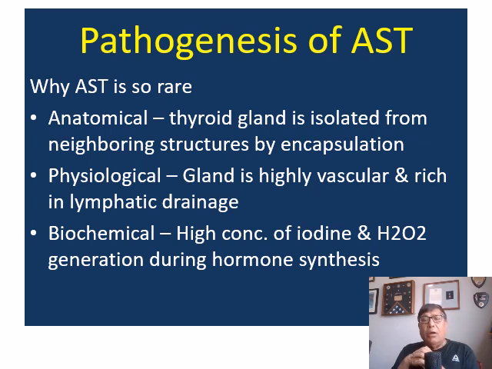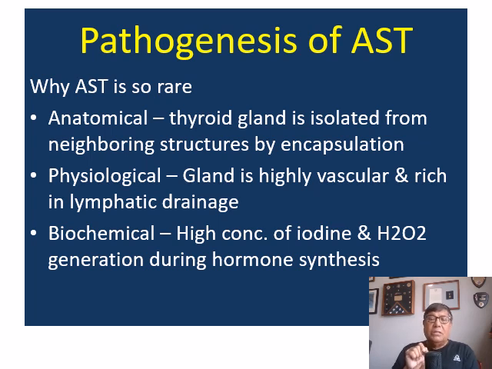Now, biochemically, let's look at that. What does the thyroid gland contain? Iodine. Iodine is very hostile to the growth of any bacteria. But also, if you remember, during the organification of iodide to iodine, what enzyme is necessary? Thyroid peroxidase, TPO.